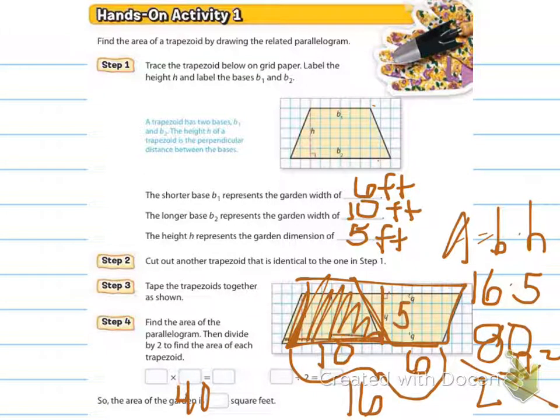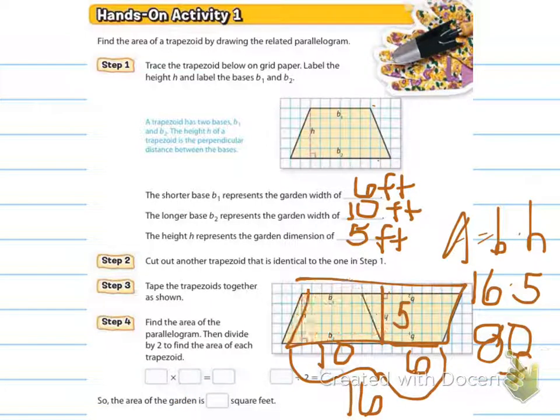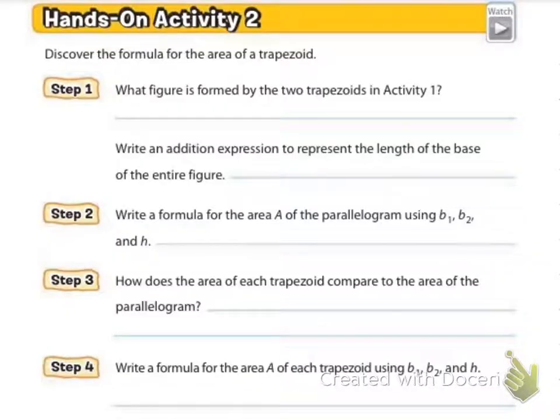And see that we're taking the B2 and the B1 and adding them together for this parallelogram. We're taking the height of this trapezoid and parallelogram, and then we're going to divide it by 2, since this represents 2 trapezoids together. Okay? So I just think that's great that they've outlined that for you.